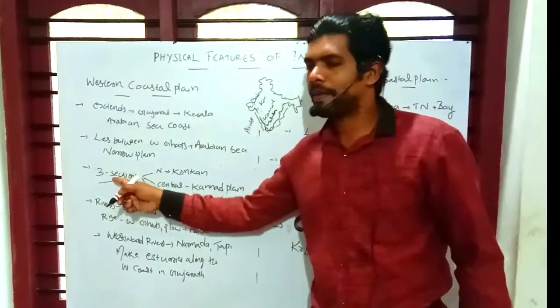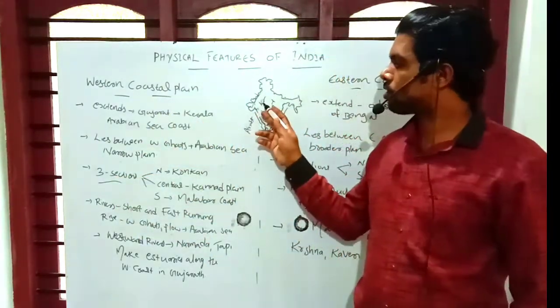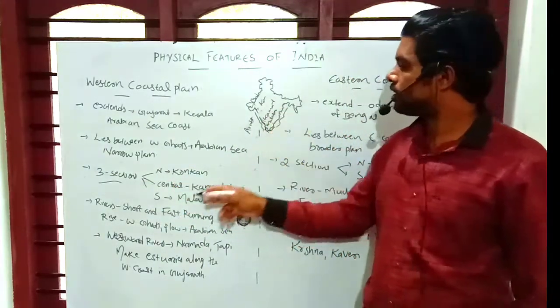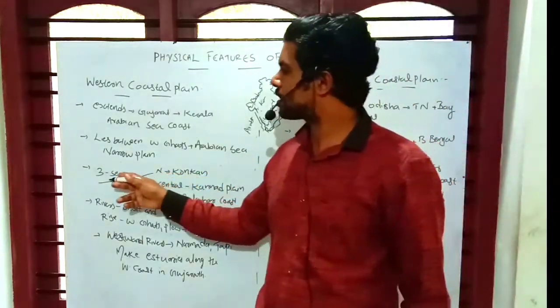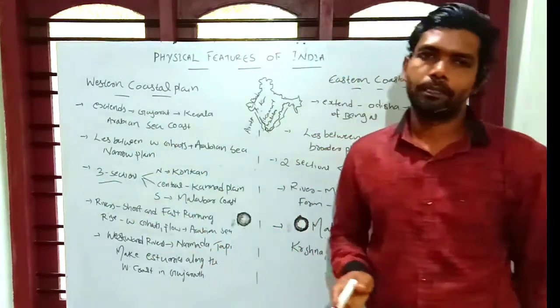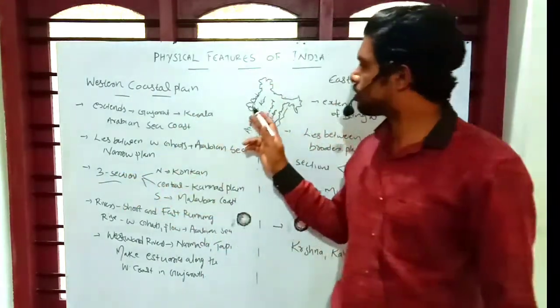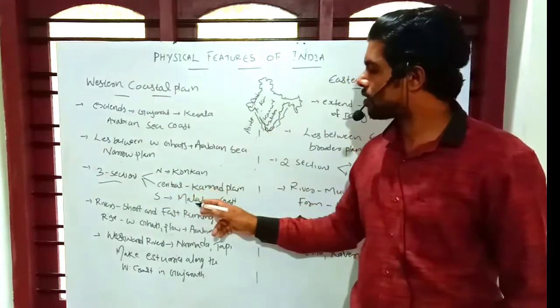These are the three major divisions of the western coastal plain.